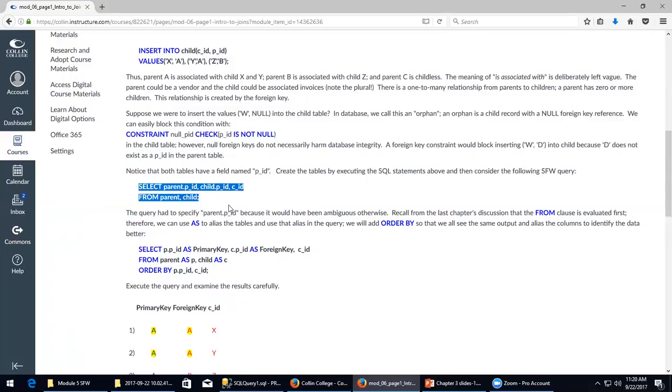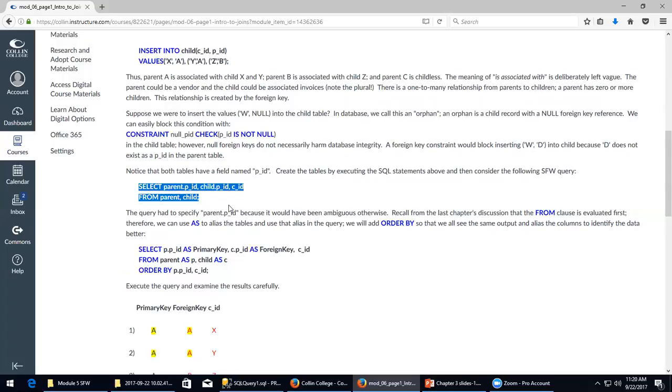So I'm going to select, look at this one, what's highlighted up there on the screen, select parent.pid, child.pid. If I just say PID, it's not going to work. Why? Because the system does not know which one I want. So I have to say I want the parent ID, or the child, parent ID. Now for the CID, that's only in one table. Therefore, I can get away with just saying CID.